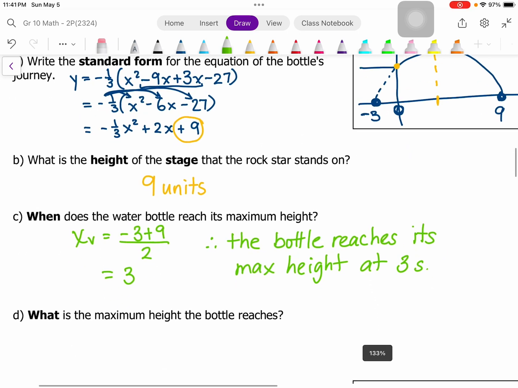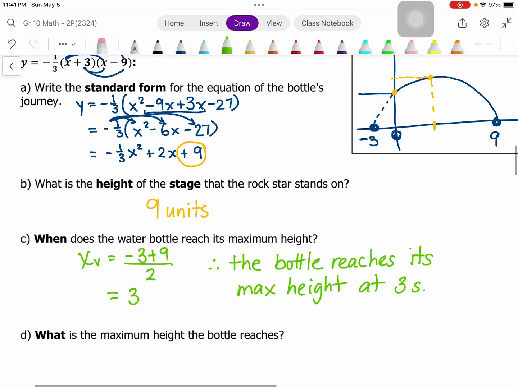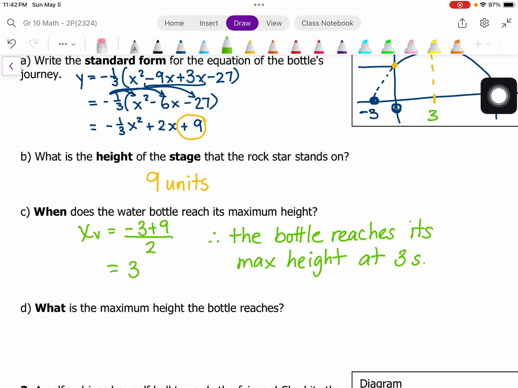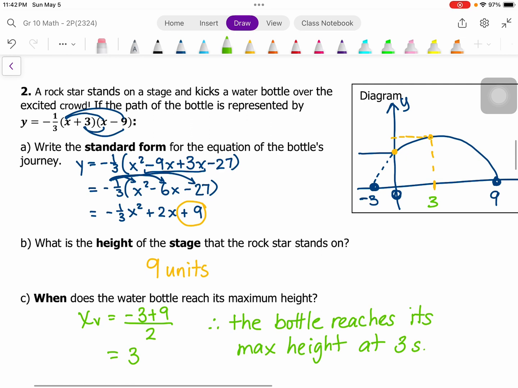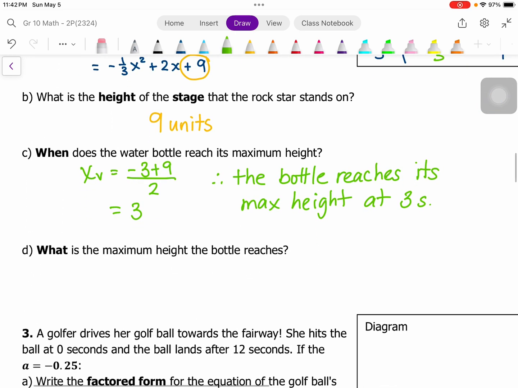Next question is, what is the maximum height? So now that we know that the x coordinate is 3, we can pick either of our two equations and plug in that x equals 3 to solve for the maximum height that the bottle reaches. So we have -1/3 times x plus 3 times x minus 9. So -1/3 times x, so we're using this x here, plus 3 times x minus 9.